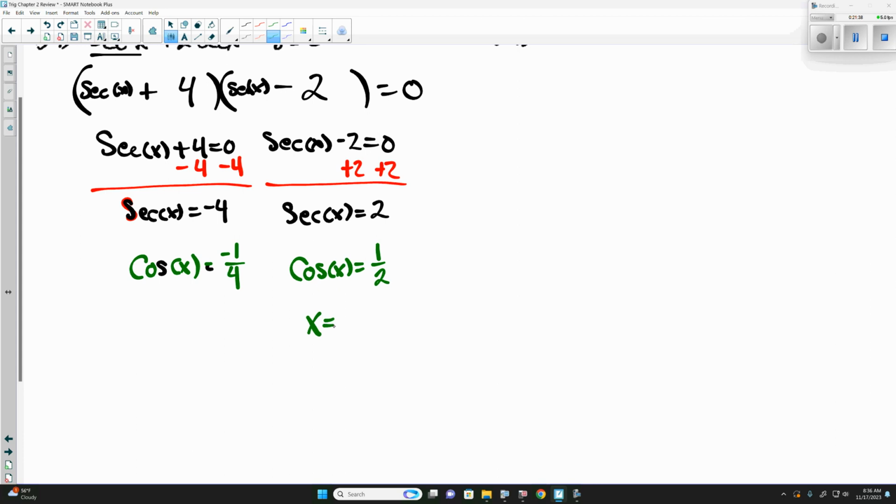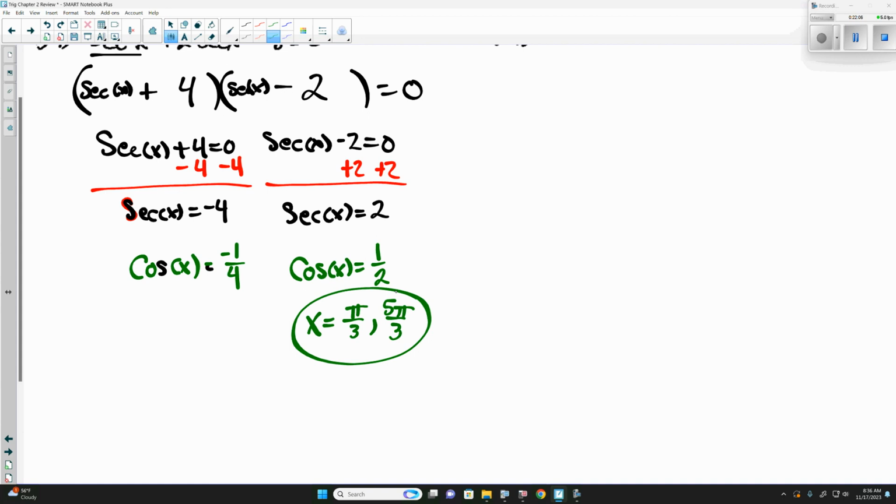And cosine of x equals 1/2 is easier to work with because all we've got to look at is the unit circle and see where that's true. Well, one of our spots is pi over 3, and the other is 5 pi over 3. So we have these two here.